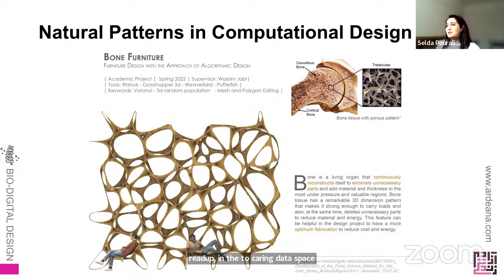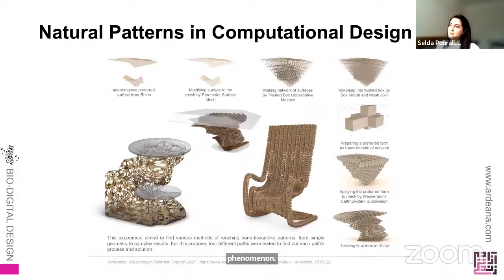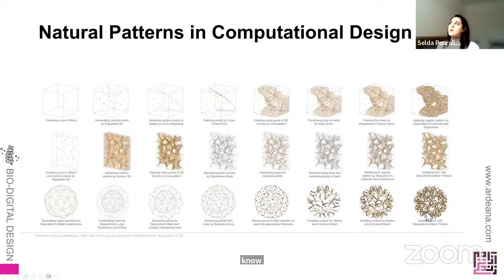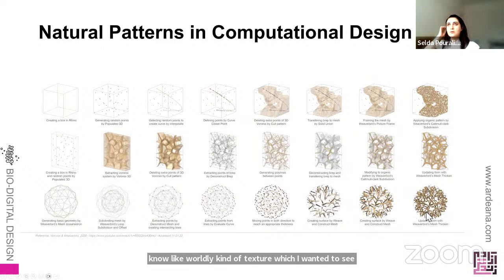And again, bone tissue, like usual, I'm so fascinated by this phenomenon. Here you can see a few furnitures, basically just designed by bone tissue. This shows actually three different methodologies to reach almost the same Voronoi kind of texture, which I wanted to see which one can work better, more flexible.